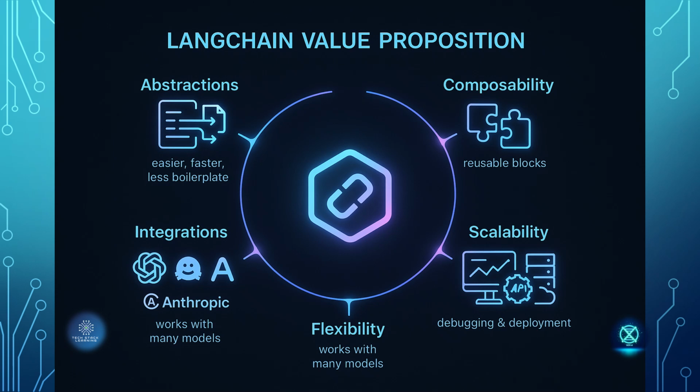And then we have integrations with multiple LLM providers, databases, APIs, or any cloud providers. Then we have scalability: it's production ready, and easy to debug, deploy, and monitor. And then comes flexibility: it works with many models, not just OpenAI, it could be any LLM provider. It's agnostic, right? So these are the values behind LangChain.